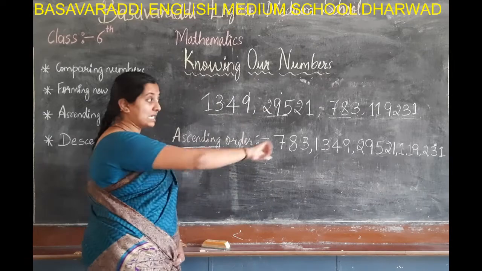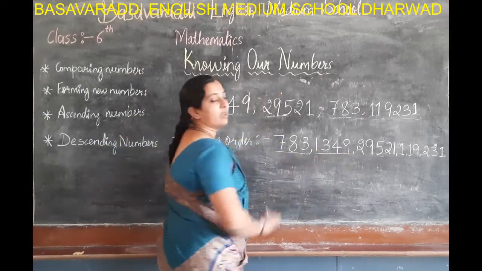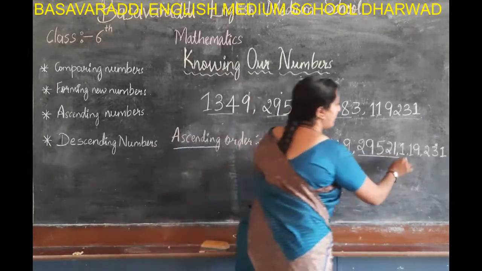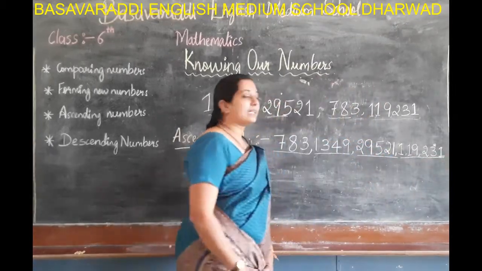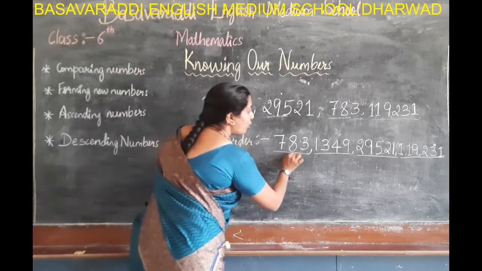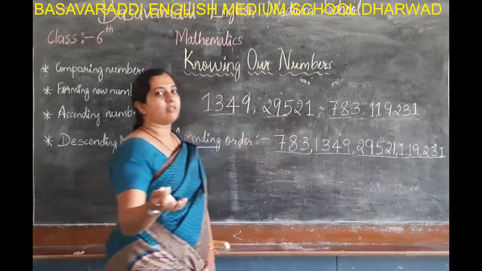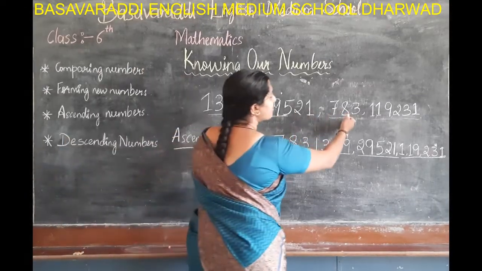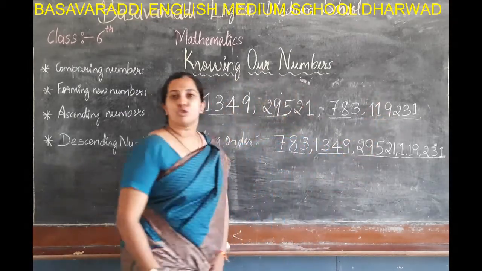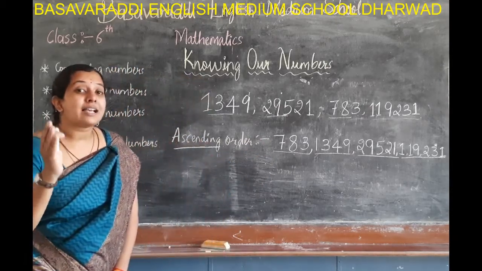In ascending order, we write first 783, 1,349, 29,521, and lastly 1,19,231. So ascending means from the smallest to the greatest number, right? If I had asked directly, it was very easy. Which is the smallest number? 783. Greatest number? 1,19,231.